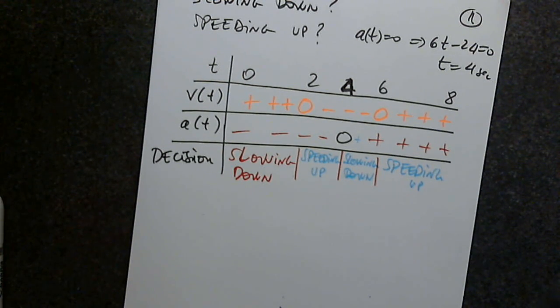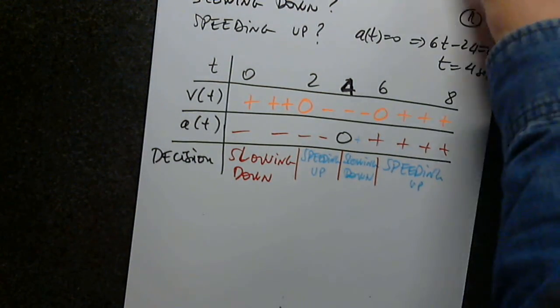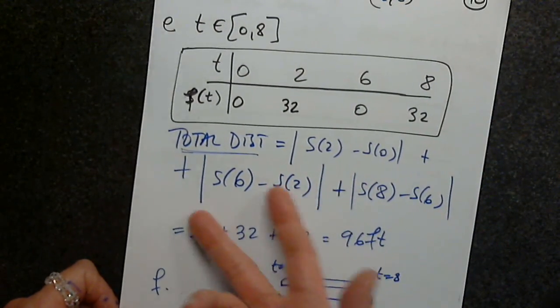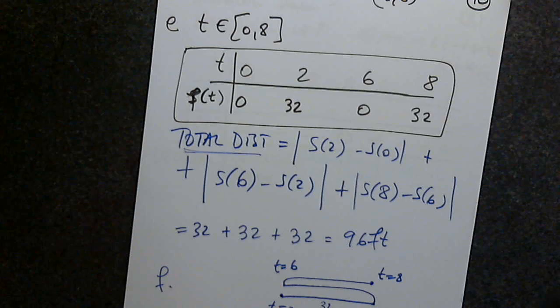So these are some applications of differentiation rules and analyzing the derivative. In this case, we analyzed actually two derivatives. The first derivative and the second derivative, to decide whether the particle is slowing down or speeding up. And also here, this was a total distance. We had to use absolute value. Why? Because we had to make sure that we're adding even the distance even when the particle was moving in a negative direction.